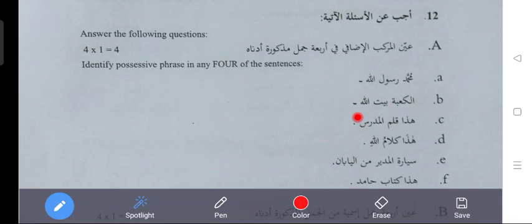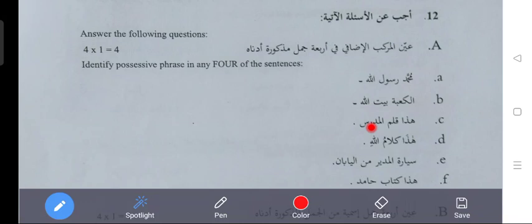So here Haza is a demonstrative pronoun, so we will leave it. Qalam is a noun and Al-Mudarris is a noun, one beside the other. Qalam does not carry al, and Al-Mudarris, the Al-Muzafu ilayhi, carries al.